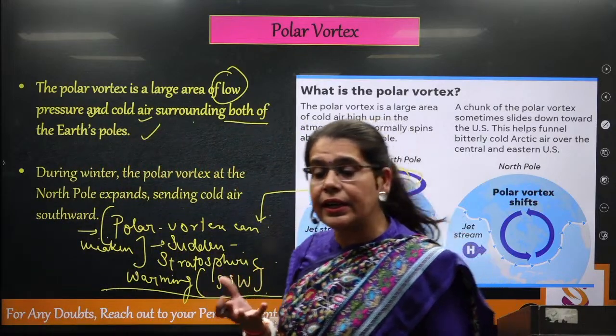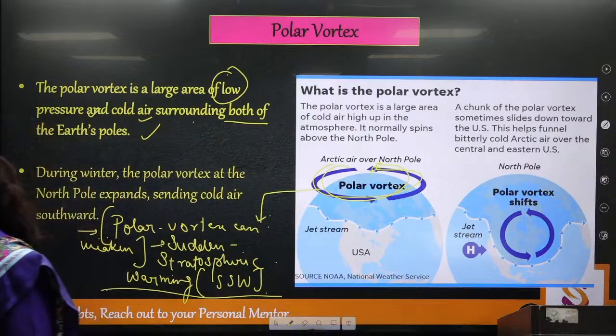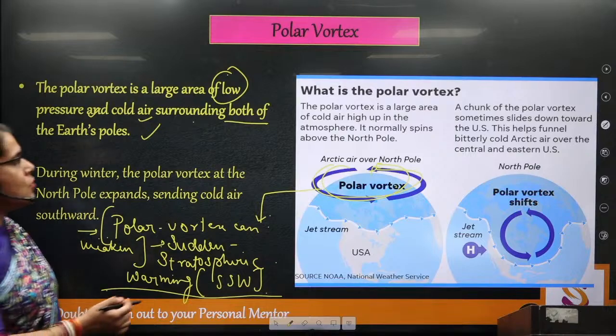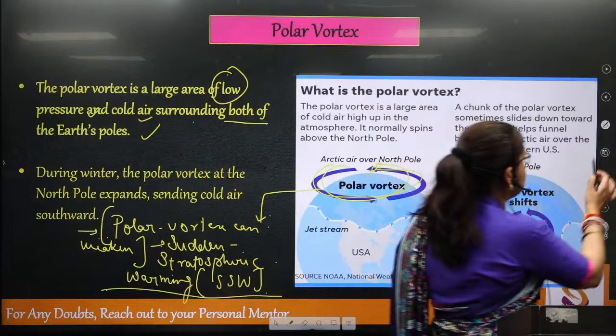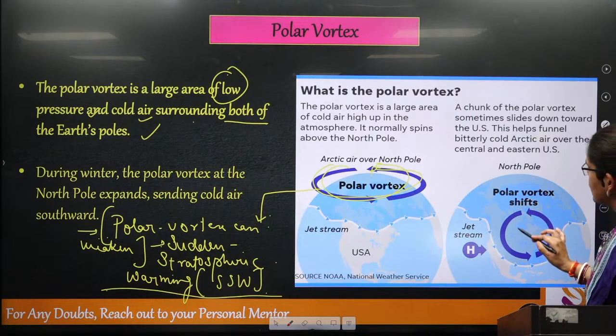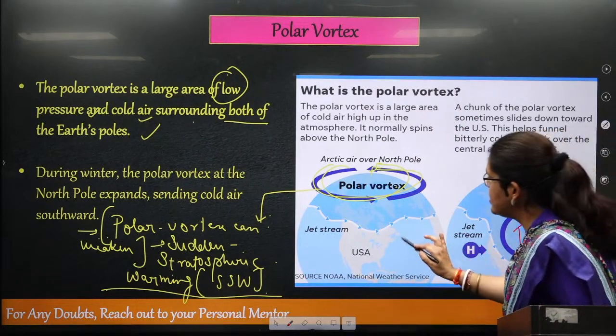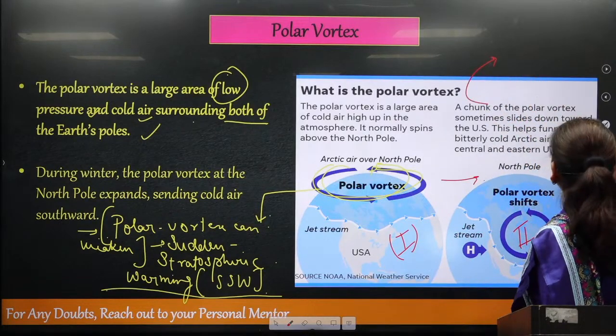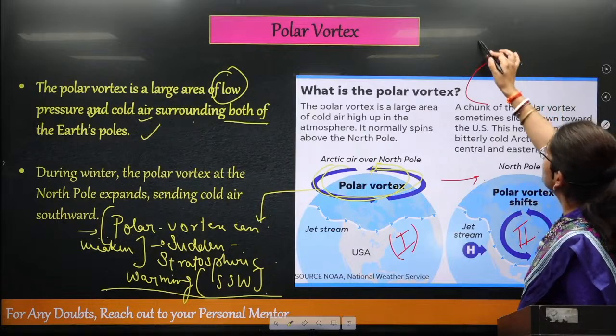In that condition, the polar vortex which is contained in the upper atmosphere near the poles can weaken. This circulation will get disrupted, and that is termed the disruption of the polar vortex. This is the disrupted polar vortex.